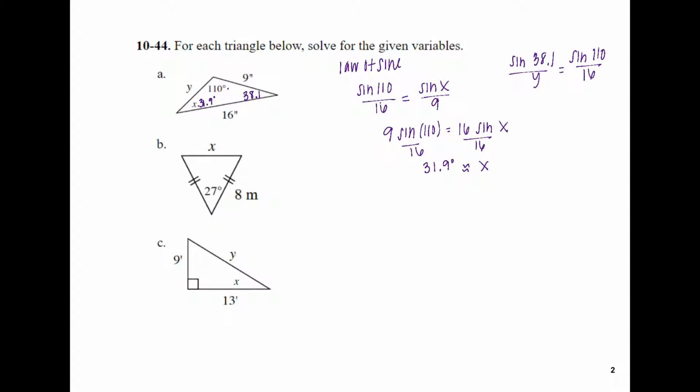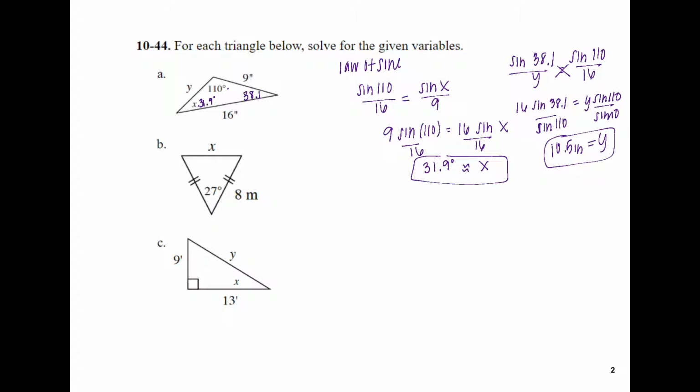So we cross multiply: 16 sine 38.1 equals y sine 110, divided by sine of 110. Type this into your calculator and we get y is approximately 10.5 inches.